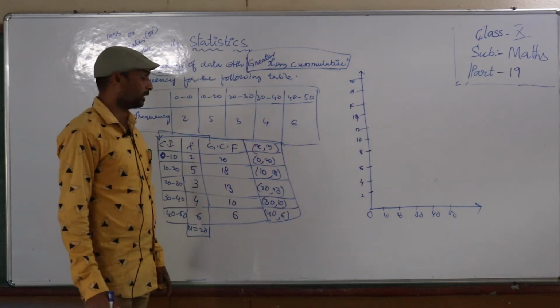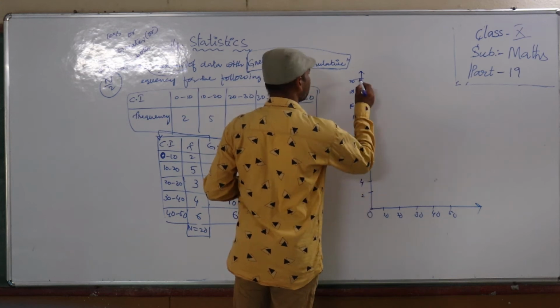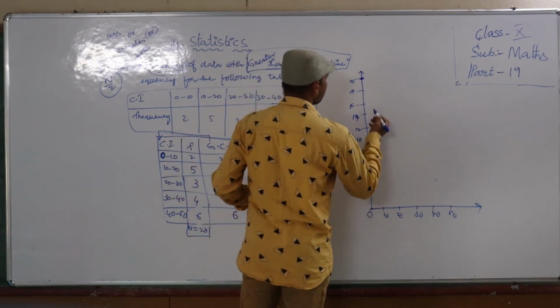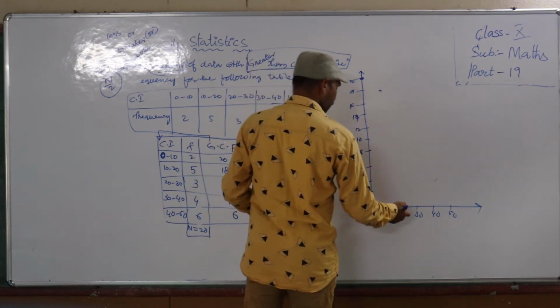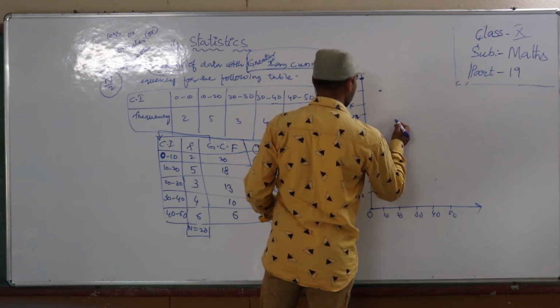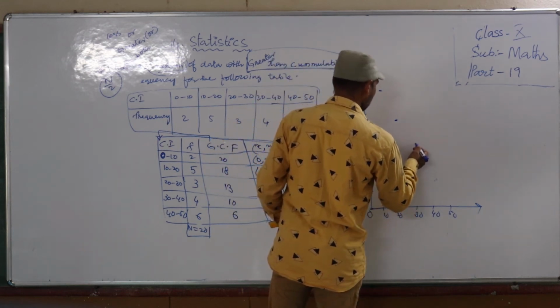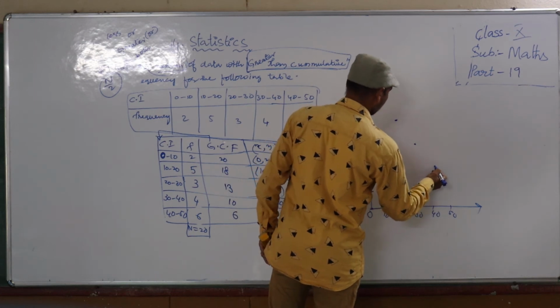So children, after taking this, for 0, 20 here, then 10, 18 here, then 20, 13, in between 12 and 14, next 30, 10 here, then 40, 6 here.